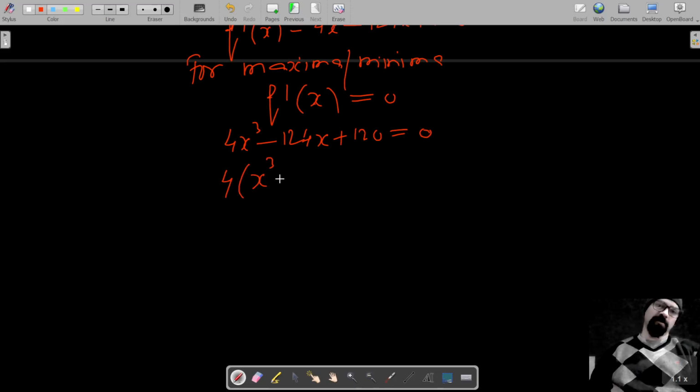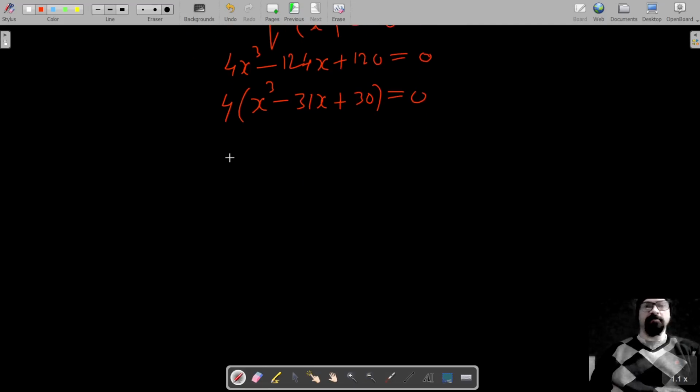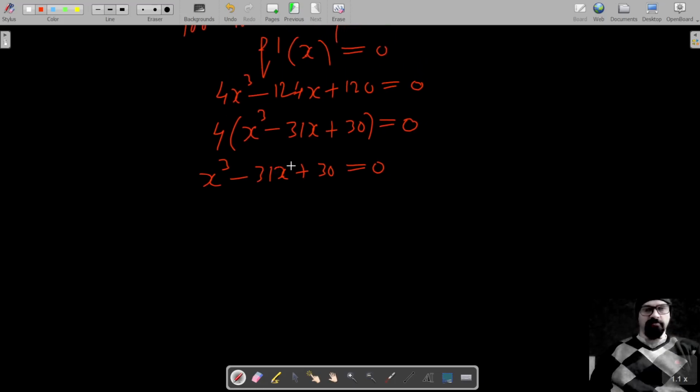So this is now x cubed minus 31x plus 30 is equal to 0, since 4 times 31 is 124. So x cubed minus 31x plus 30 equal to 0 is our cubic polynomial, and we have to factorize this.